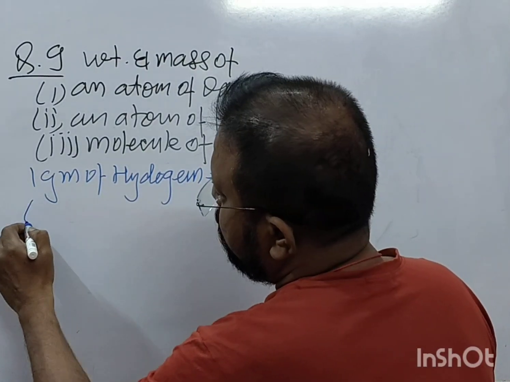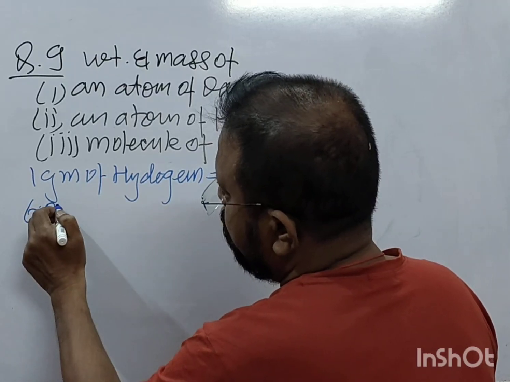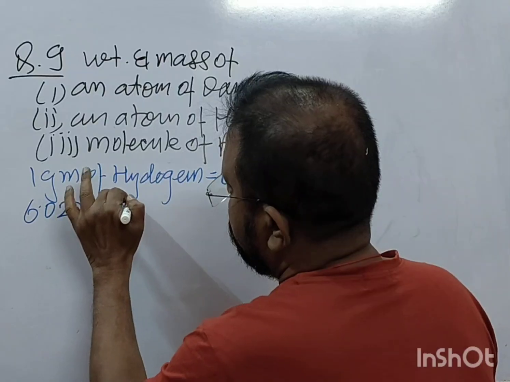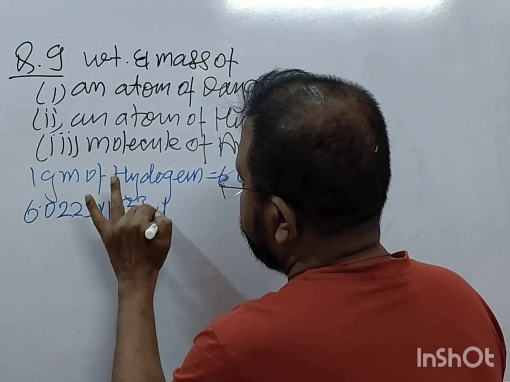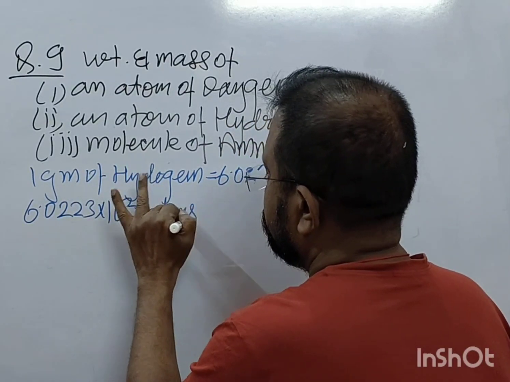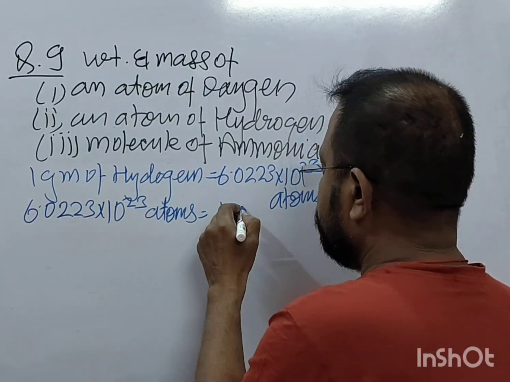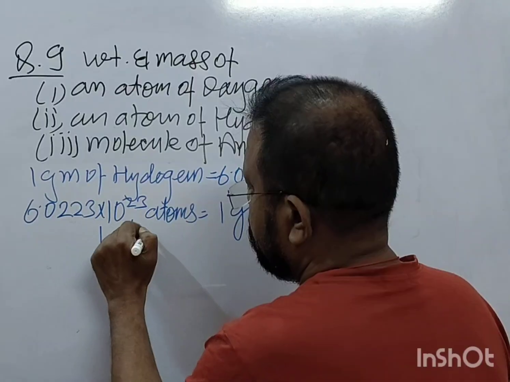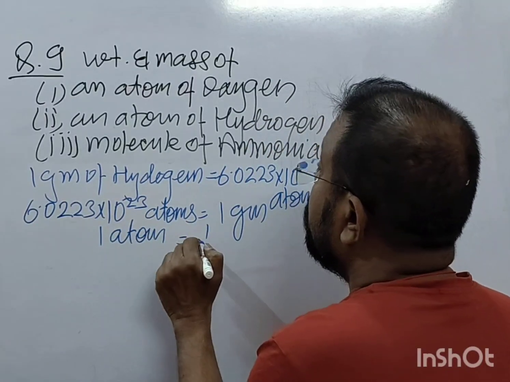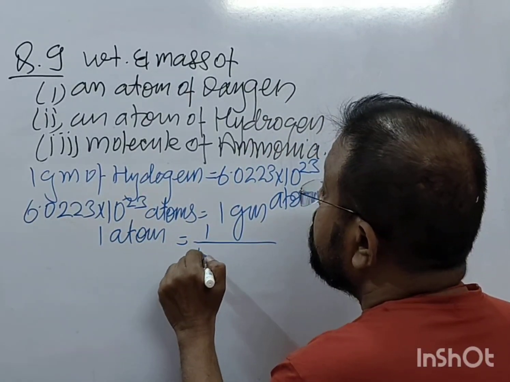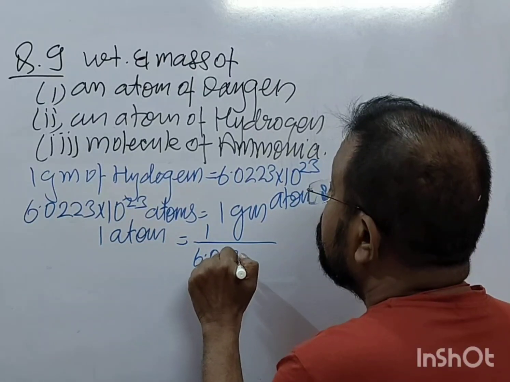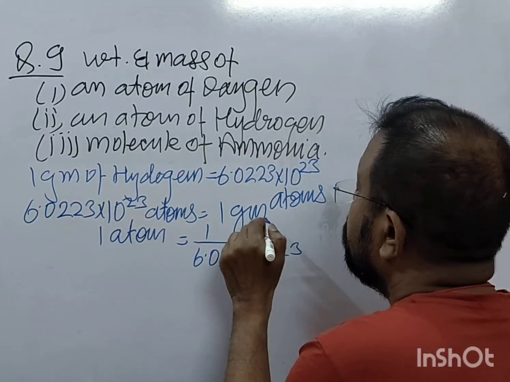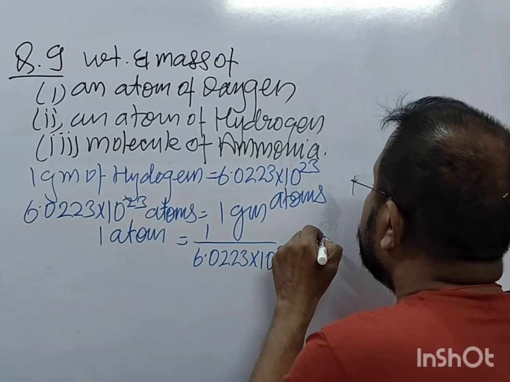So 6.0223 into 10 to the power 23 atoms is equal to 1 gram. So 1 atom is equal to 1 upon 6.0223 into 10 raised to the power 23 gram.